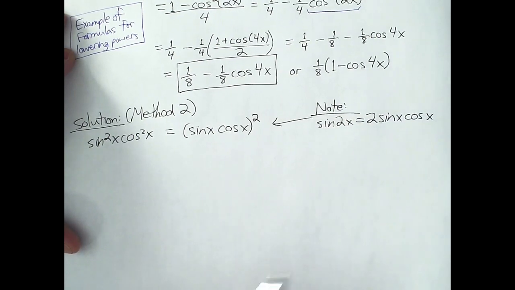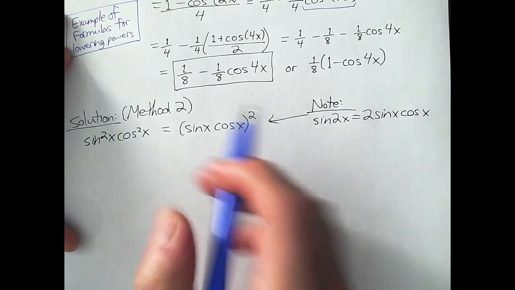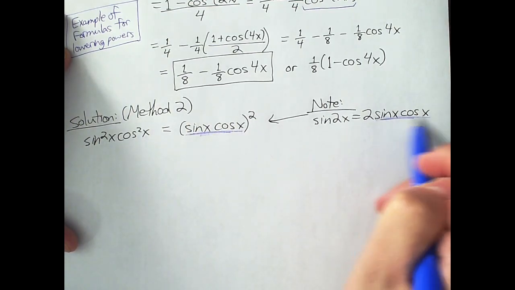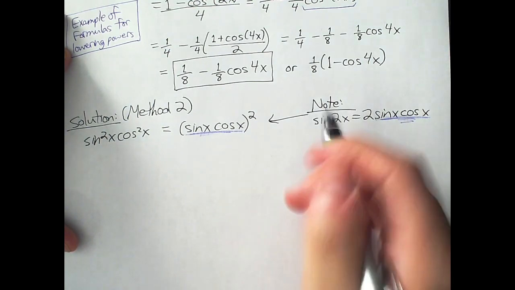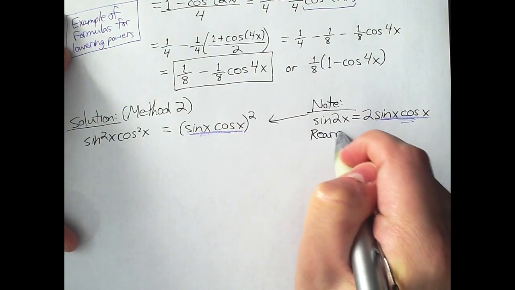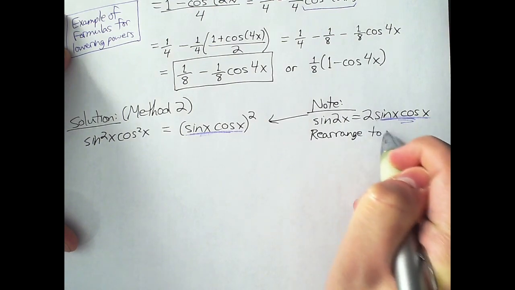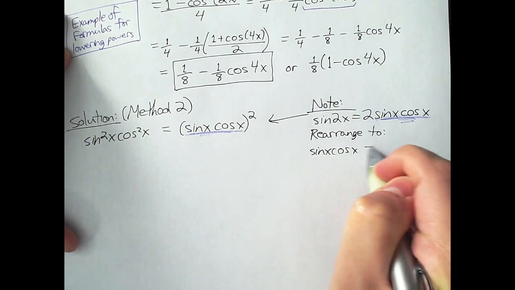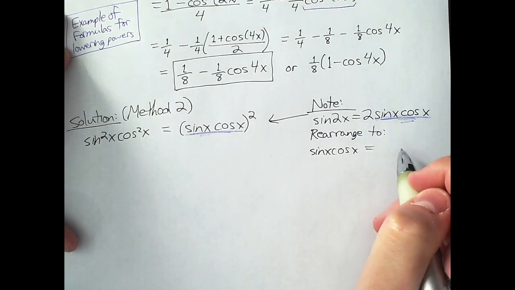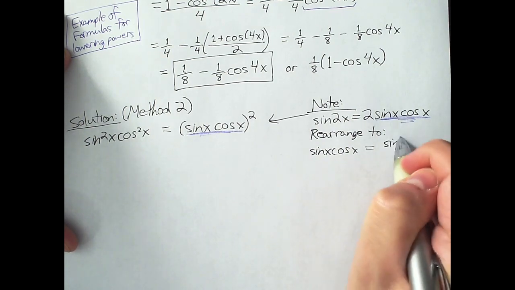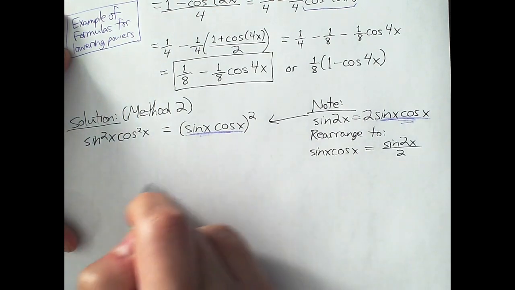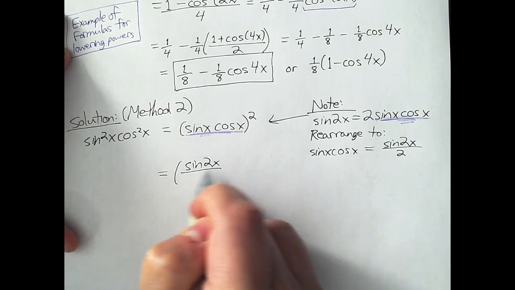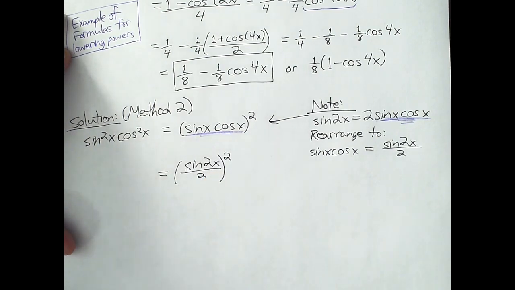I'm wondering, is there some way that, because this has sine x cosine x and this has it also, we could rearrange this to say sine x cosine x is equal to sine 2x over 2. So that means that this is equal to sine 2x over 2. The whole thing is still squared.